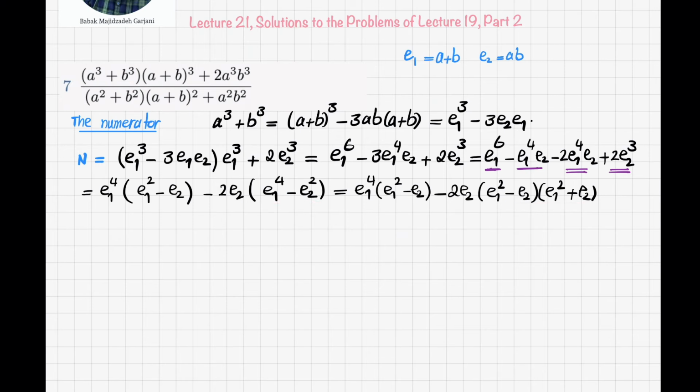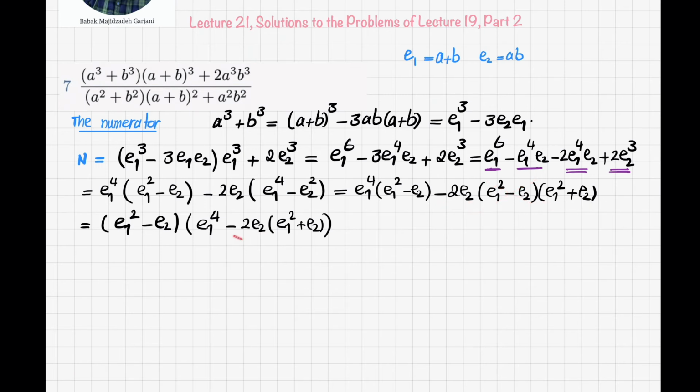The good point is that now this factor which emerges is a common factor, and I can pull it out again, so it gives me a factorization of the numerator, at least a factorization, even if it might not be complete. Okay, so then I will have e1^4 from the first one minus 2 e2 times the second one. Let me explain. So I pulled this factor out. What is left from the first one is e1^4, and because this has been pulled out, minus 2 e2 and e1^2 plus e2 are left.